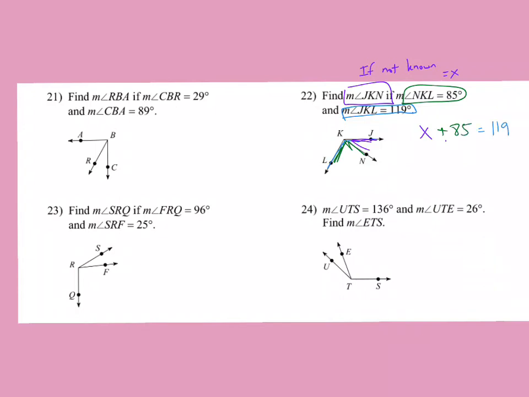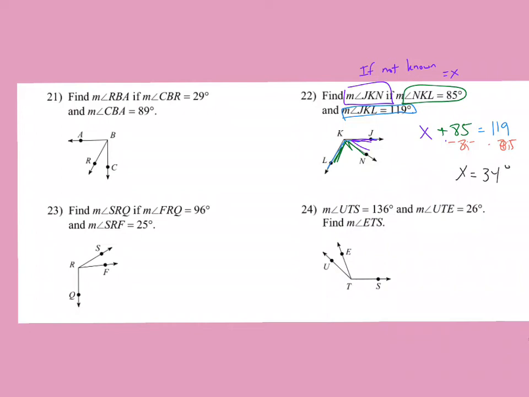A bunch of us are not going to write it this way, but you need to, because it's going to get more difficult later. We're getting used to writing it as an algebraic expression because now we're just using simple algebra. Minus 85 from both sides, right? Then we end up with X equals 34, and it's a degree.